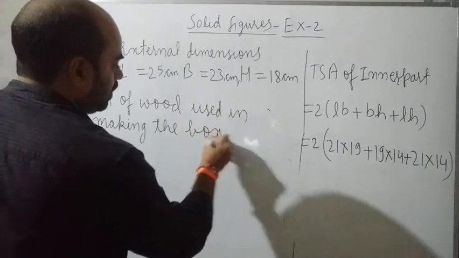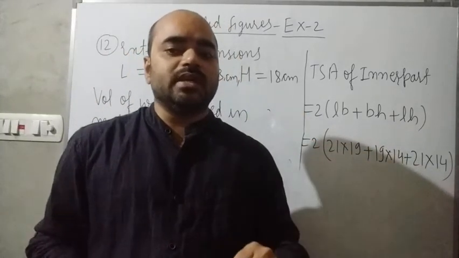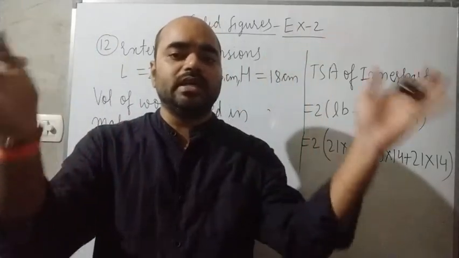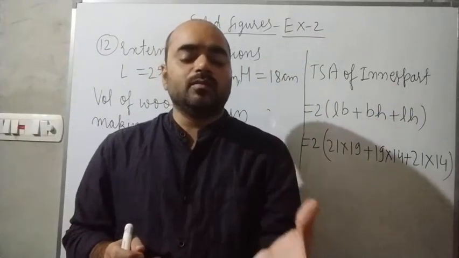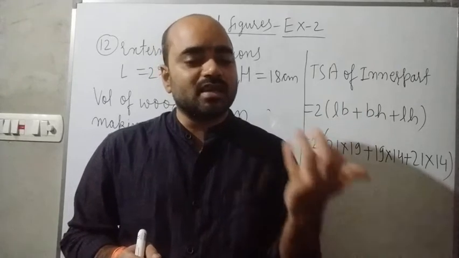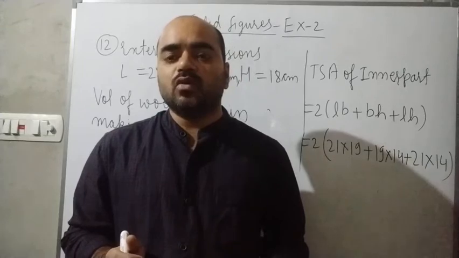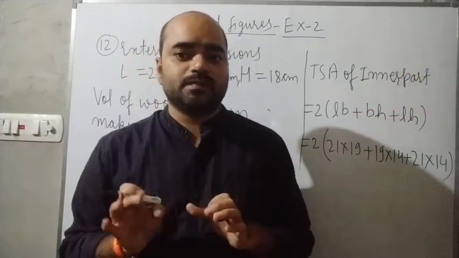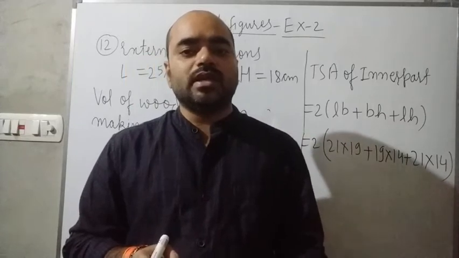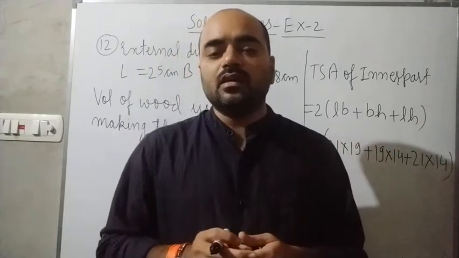See, the room or the box is empty from inside. It means we have to remove the internal volume from the external volume. External volume means we are taking the amount of space or air from the outer faces. Internal volume means we are taking the amount of space or air from the internal faces.